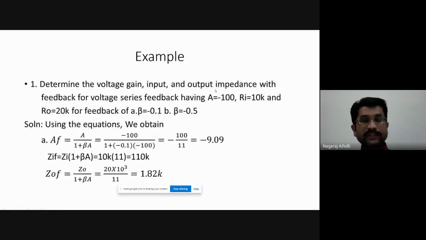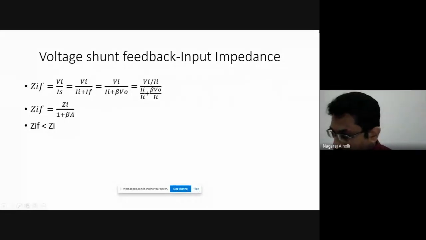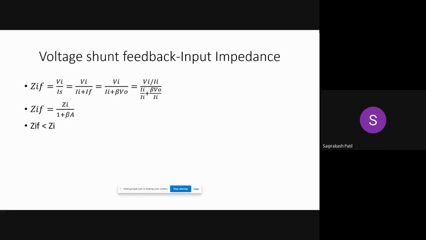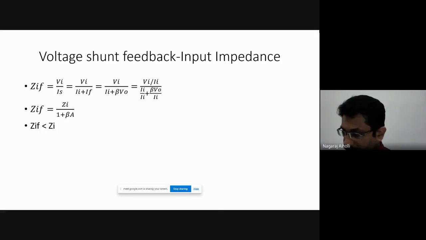Any doubts here, students? Any doubts here? Sagar? Sai Prakash? Yes, sir. Any doubts, Sai Prakash? No, sir. No doubt. Okay. Sanket?